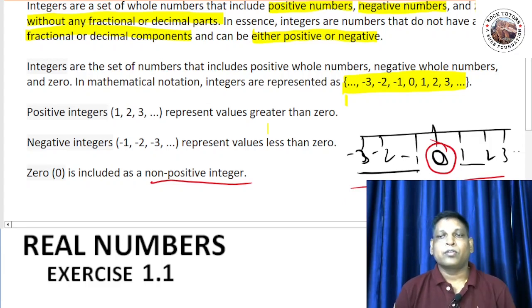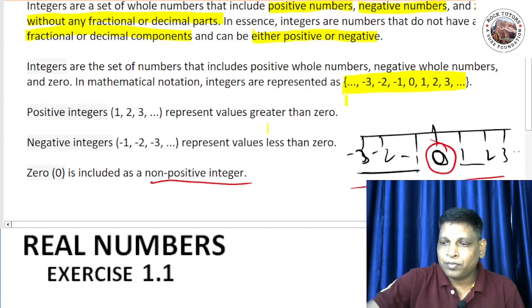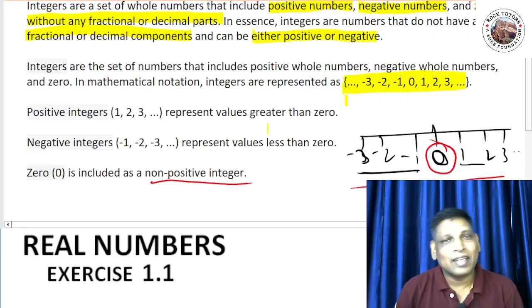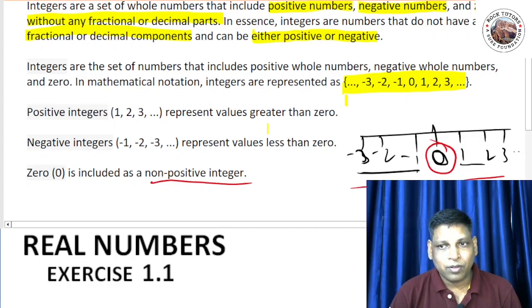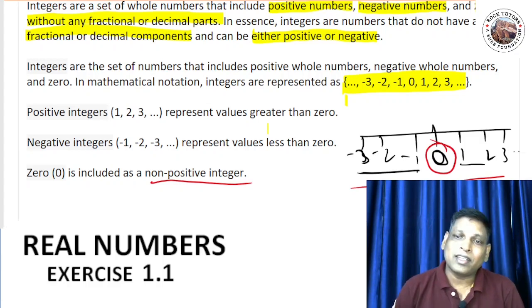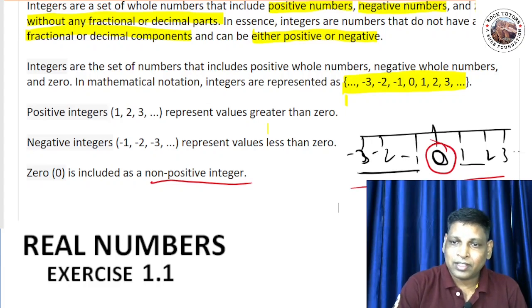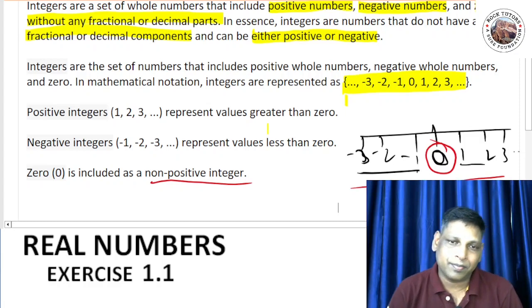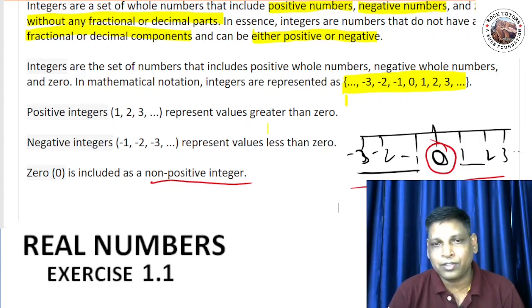Okay, now we are going to discuss an important point: what is meant by rational numbers? Just now we discussed rational numbers, the numbers which can be written in the form a by b, where b is not equal to 0.